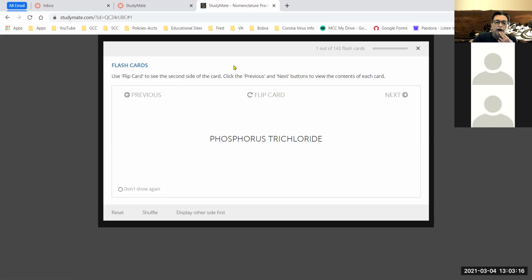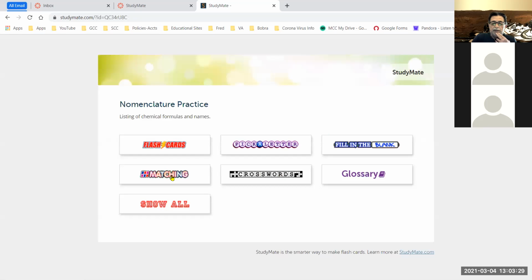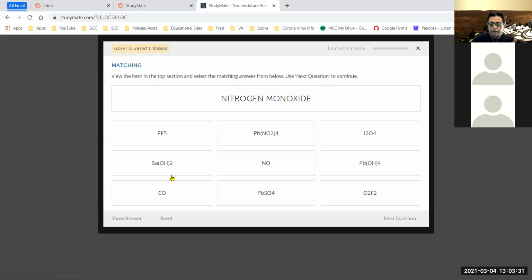The other choice is the matching. I like this pretty good. Here's the name, nitrogen monoxide. You got nitrogen monoxide, meaning one oxygen, one nitrogen.